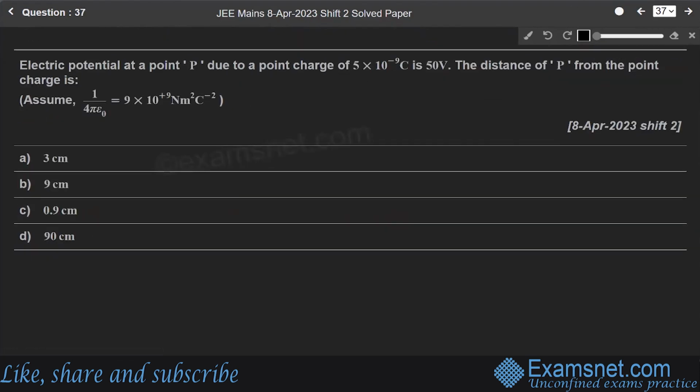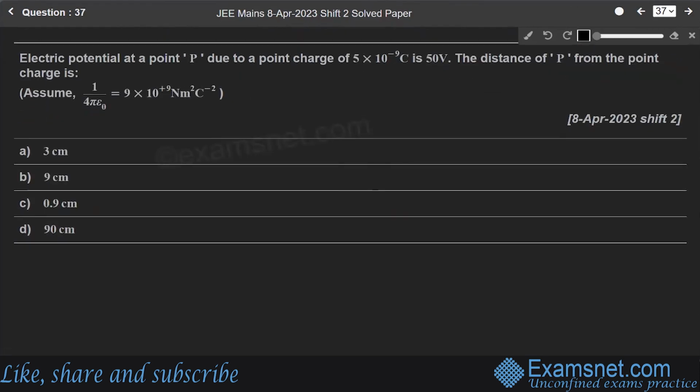Now moving towards our next question, question number 37, which says that the electric potential at a point P due to a point charge is 50 volt. The point charge is given as 5 into 10 to the power minus 9 coulomb, and the electric potential is given as 50 volt.